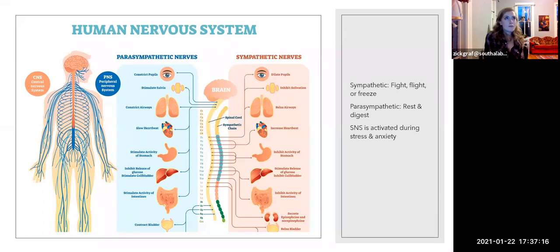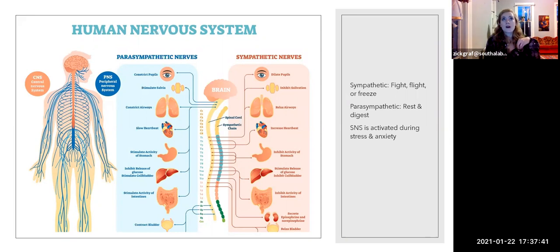The hopefully easy way of remembering what the parasympathetic nervous system does is that in contrast to fight or flight actions of the sympathetic nervous system, the parasympathetic nervous system is in charge of rest and digest functions. So when we're not anxious, when we're not aroused, when we're not in danger, the parasympathetic nervous system is what keeps our heart beating. It's what keeps our diaphragm moving and our lungs filling with oxygen.